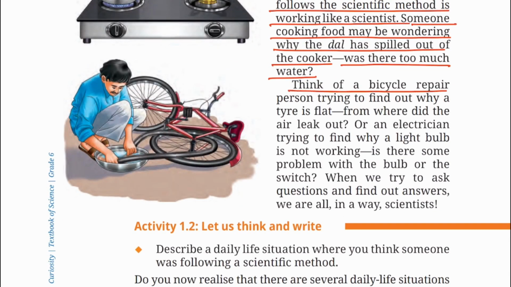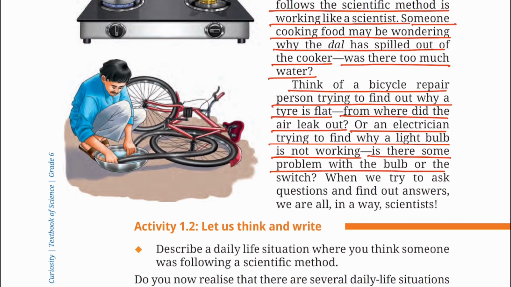Think of a bicycle repair person trying to find out why a tire is flat. From where did the air leak out? Or an electrician trying to find out why a light bulb is not working. Is there some problem with the bulb or the switch? When we try to ask questions and find answers, we are all, in a way, scientists.